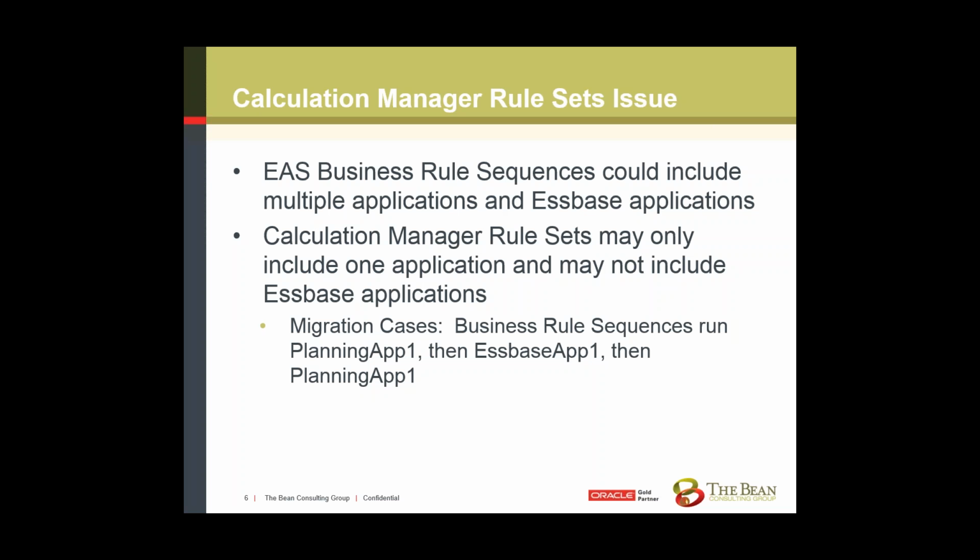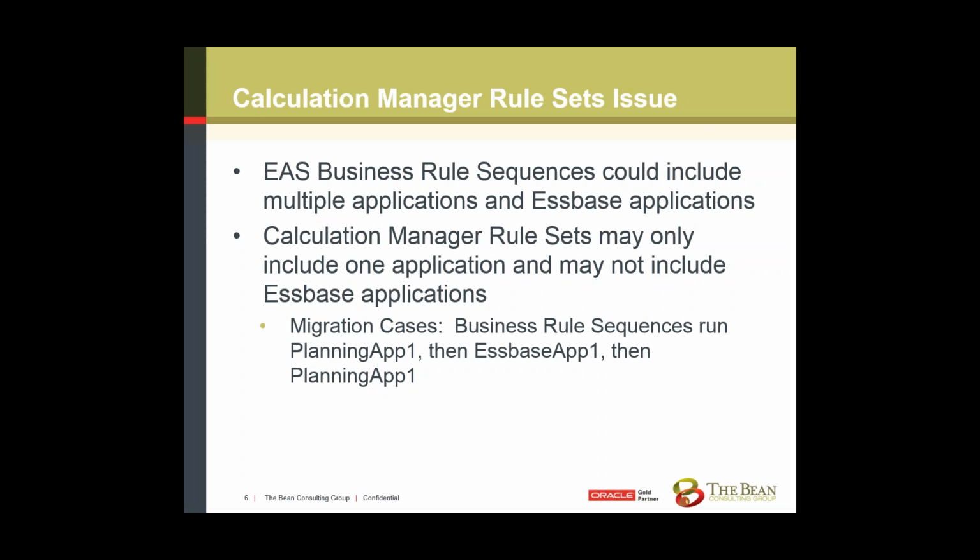And then there are some limitations in terms of what I can do rule-wise with Essbase apps. So that said, we needed a way to replicate these sequences that made calls to different applications in our old environment, and we need to replicate that in the new environment in Calc Manager where we can execute these things.